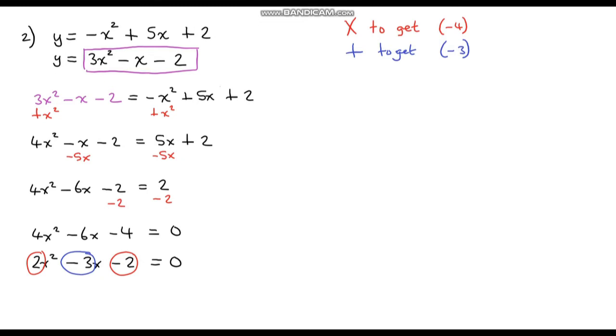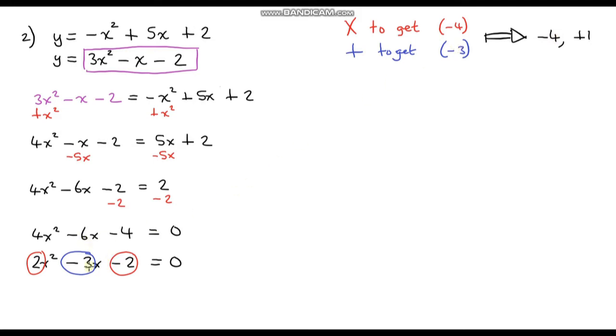Well, if we think about it, one has to be negative because the product is negative. So the numbers I'm thinking of are negative 4 and positive 1. So let's just write that down here. So negative 4 and positive 1. So negative 4 times 1 is negative 4, and negative 4 plus 1 is negative 3.